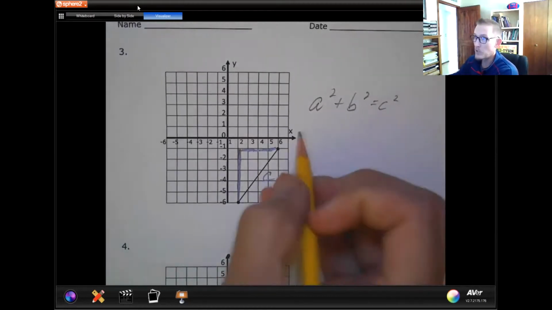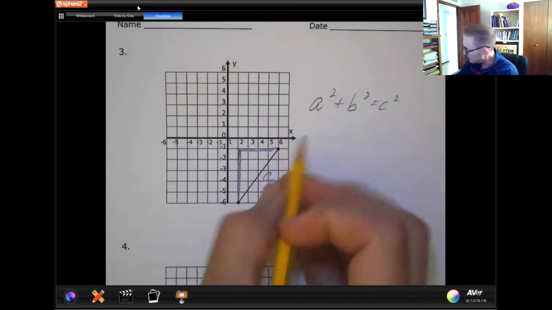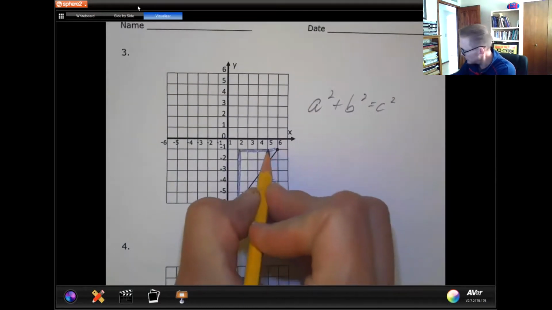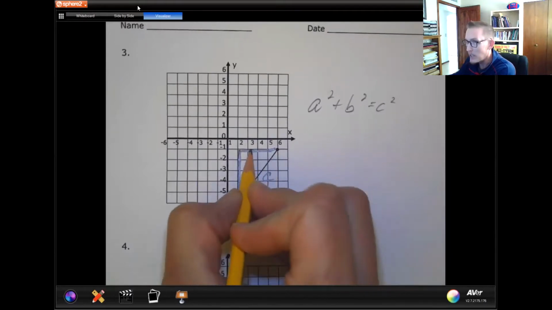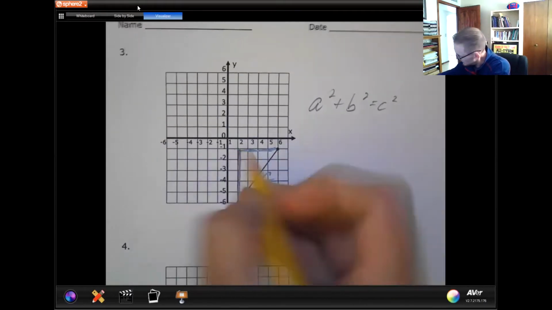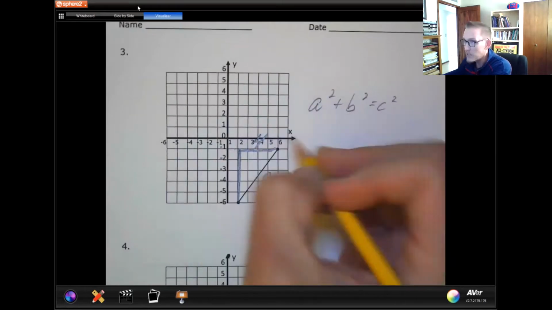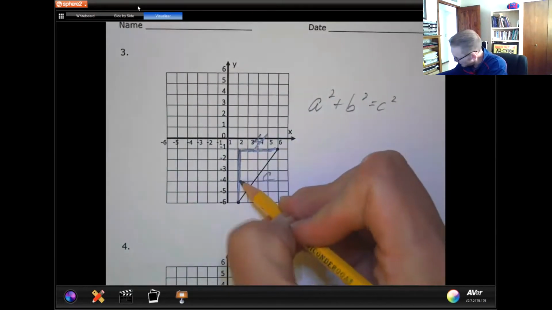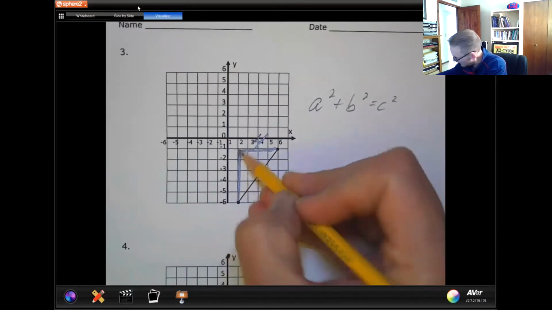So the first thing I'm going to do is figure out how long sides A and B are. So this one is 1, 2, 3, 4. So that's 4. And then this one is 1, 2, 3, 4, 5.